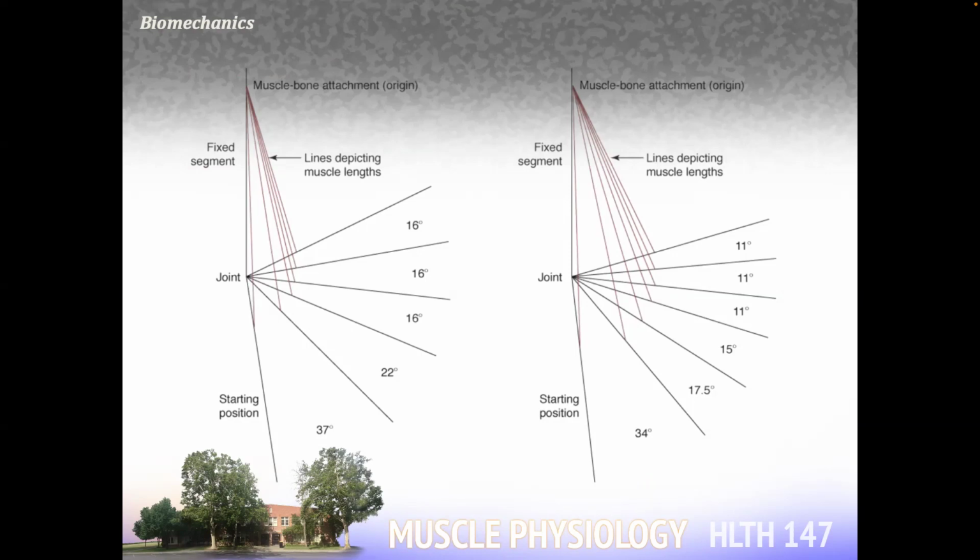Now, in both of these, there's a mechanical disadvantage because it's a third class lever. The biceps are a third class lever, and third class levers always have a disadvantage. But the image to the right has less of a disadvantage because of where the biceps insert. So we know that the lever system on the right will be stronger.